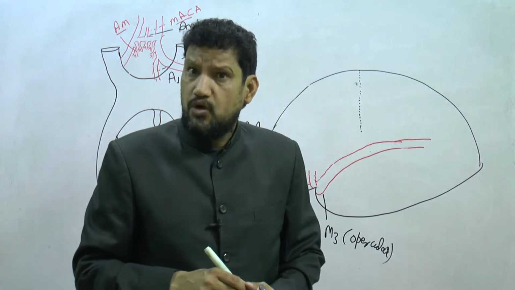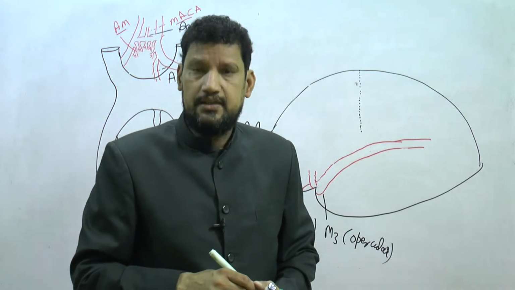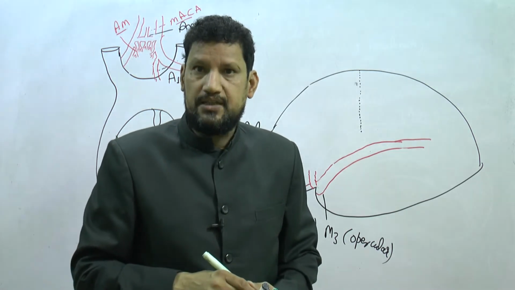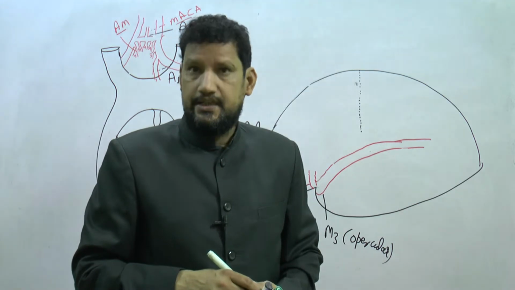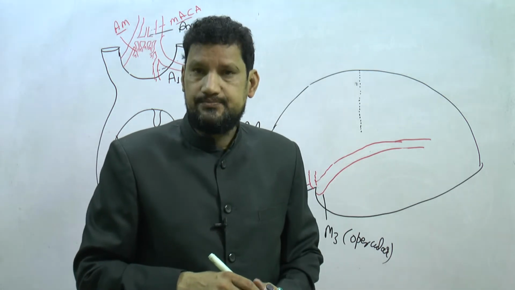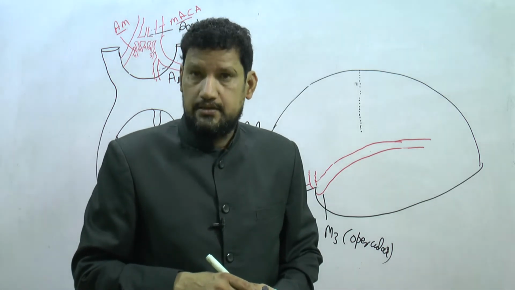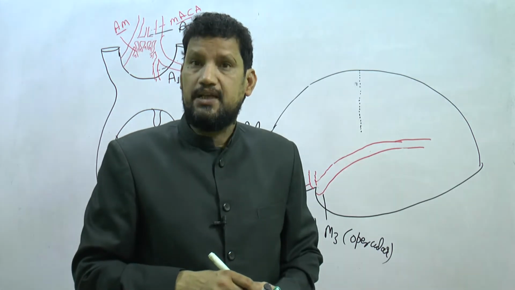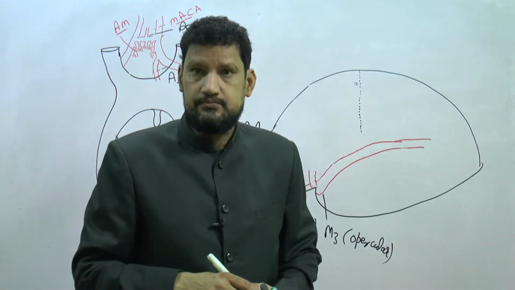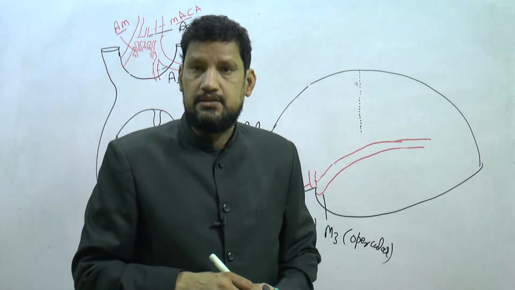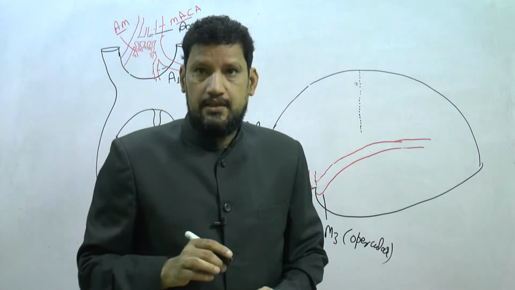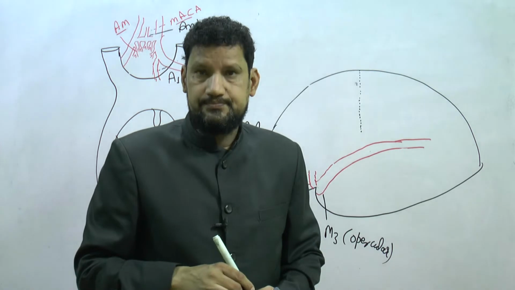So two types of arteries, the central which are supplying blood to subcortical areas of the cerebrum, and the cortical which are supplying the different areas of the cerebral cortex.